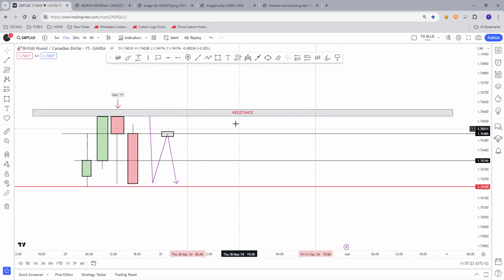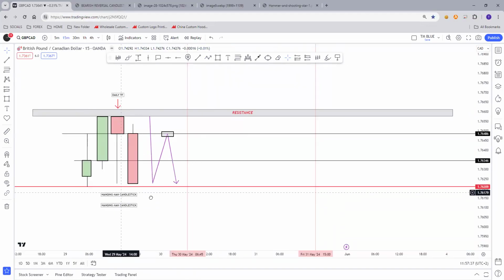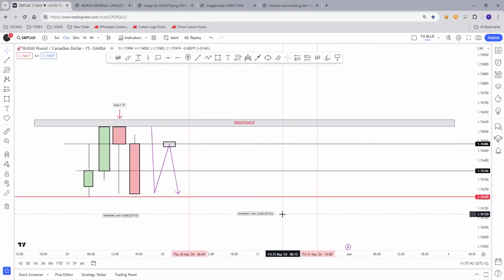So let's just put that as gray for now. Okay. So I'm gonna put this as our hanging man candlestick. Okay, cool. The next candlestick that we're going to is, let's clone this. Okay.